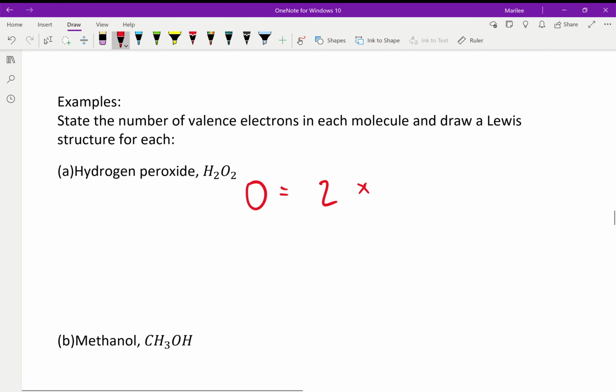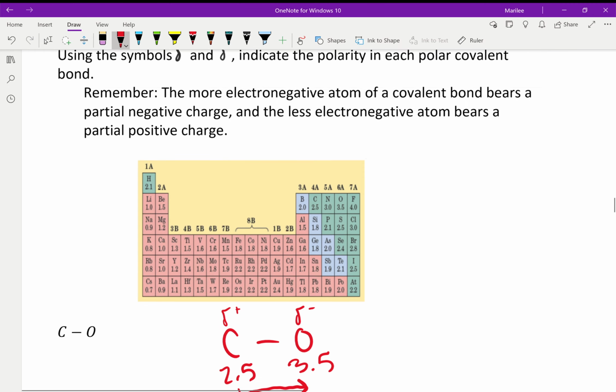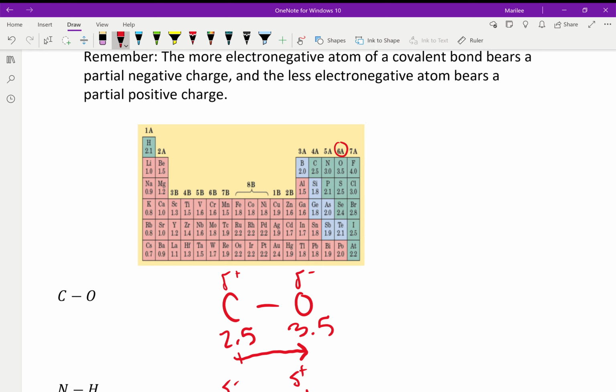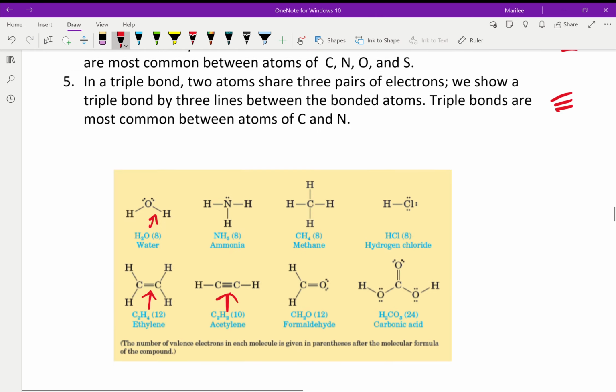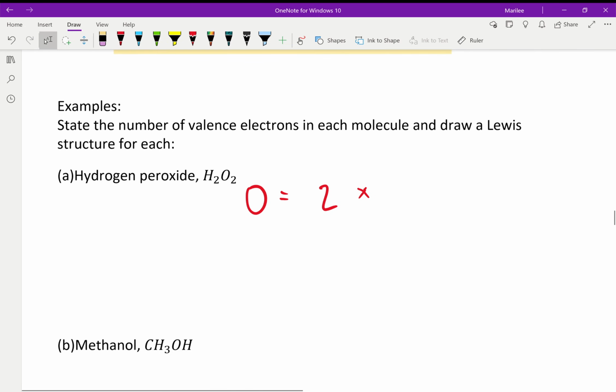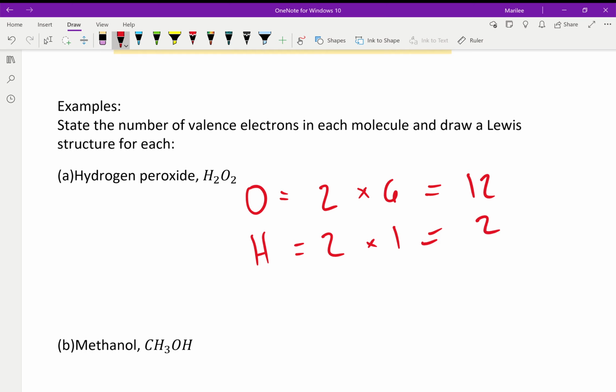Oxygen, if we look on the periodic table, oxygen has 6 outer electrons. So 2 oxygens times 6 electrons, that'll give us 12 electrons. And then for hydrogen, we have 2 hydrogen atoms times, we know hydrogen has 1 electron, that'll give us 2. So in total we have 14 valence electrons.